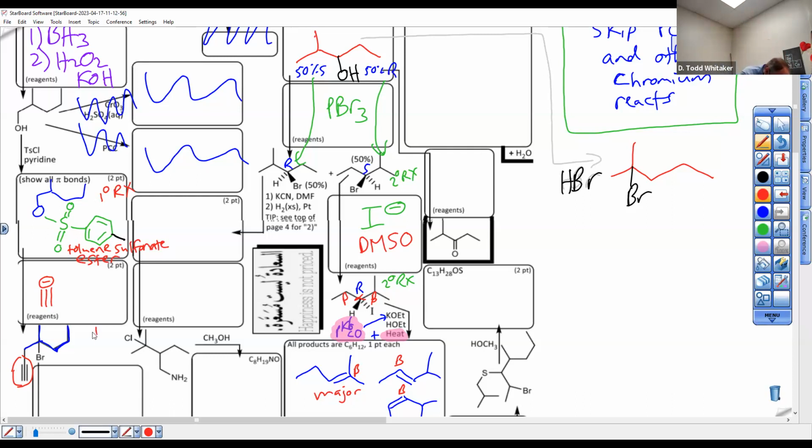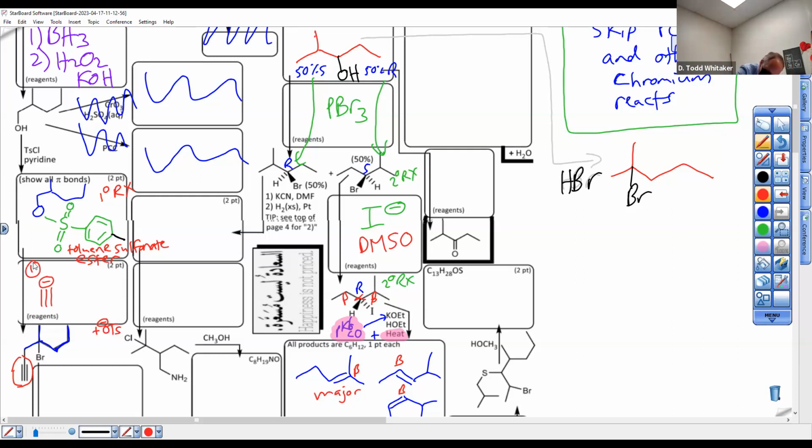You want to see it? Here it is, plus OTS negative. Good leaving group, not worth any points. And that would give you the new bond. Okay? But it doesn't give you a bromine.